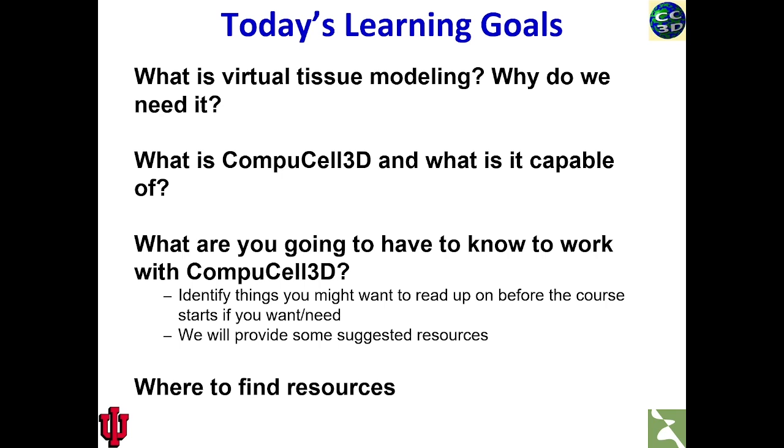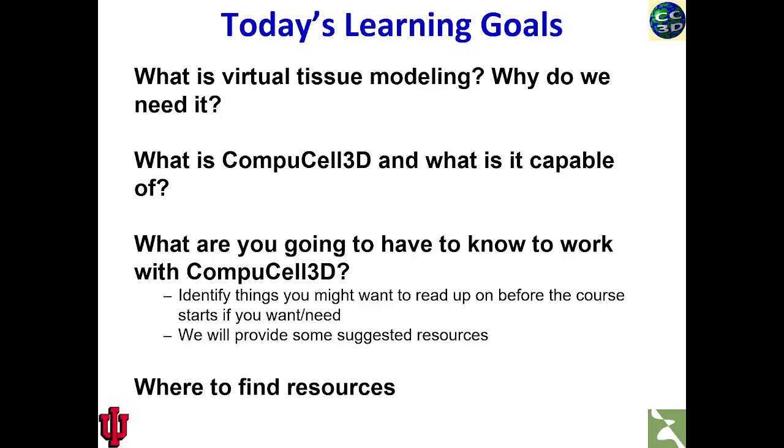We will teach you everything you need to know to use CompuCell during the course, but if you'd like to really get the most out of it, there are a few areas where we feel like you might want to do a teeny bit of reading over the next couple of months as you prepare for the workshop, and we'll provide some suggested resources for that.